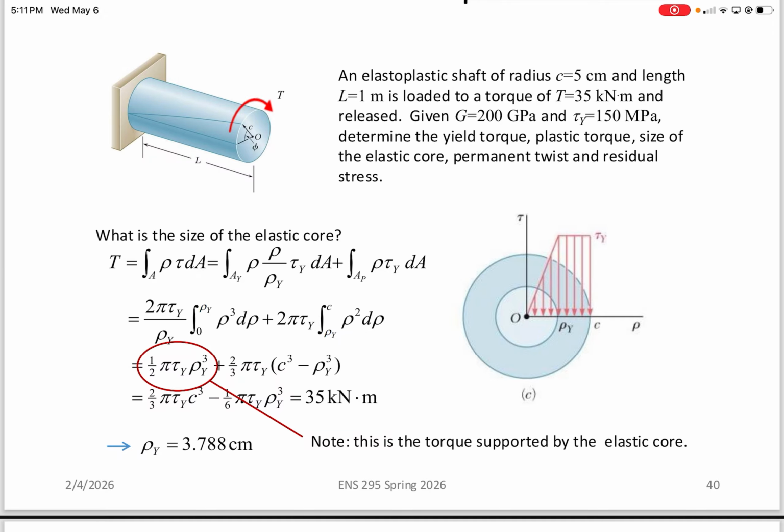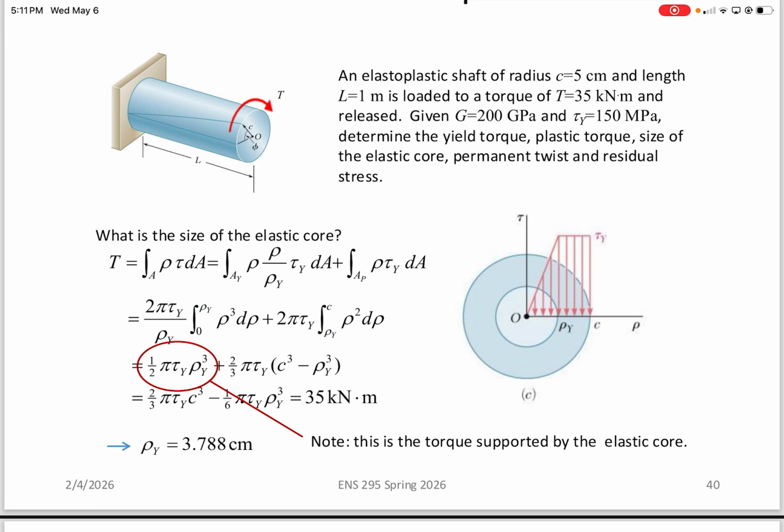All right. What we need to ultimately do is take an integral, and this integral is going to be a function of the radius and also the existing radius at which yielding will start to occur. Now, what we're trying to figure out is the yield radius. So we break this stress integral into two parts, all right?